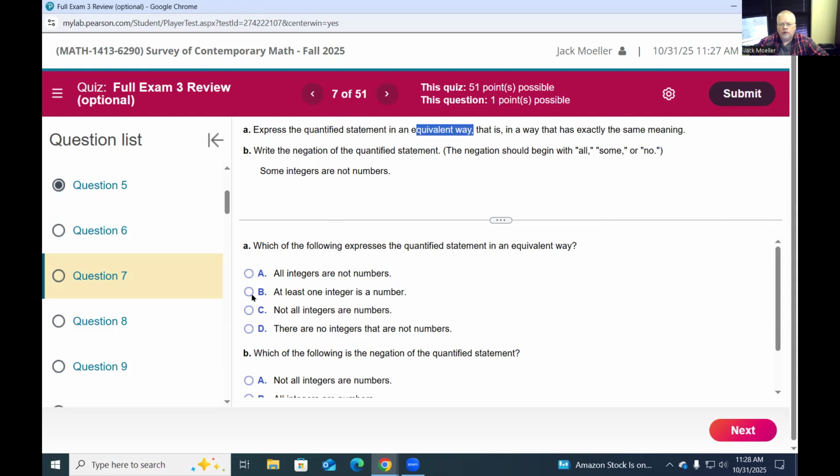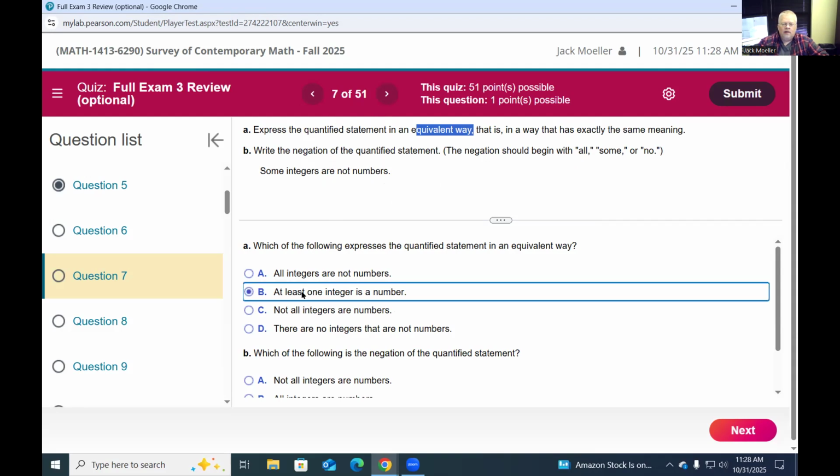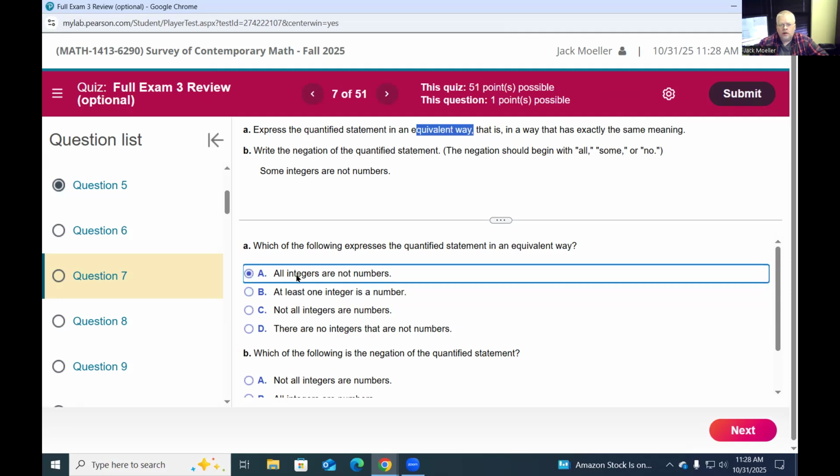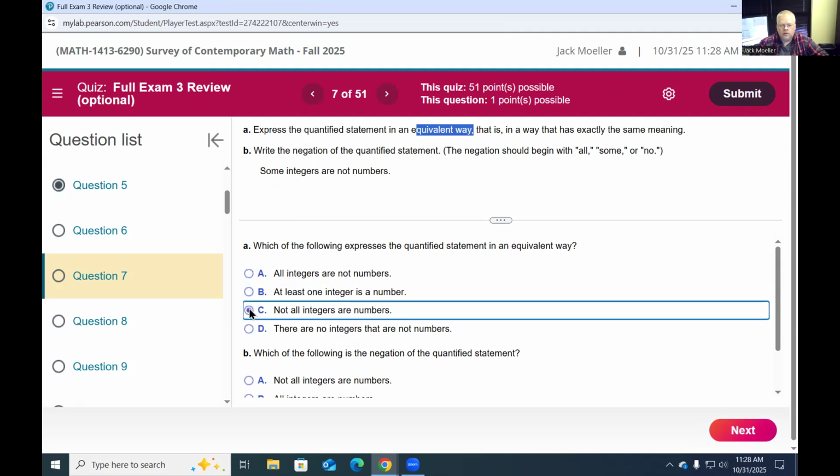I'm going to start with the ones that are integer statements. So, at least one integer is a number. Here you have to be careful, because that would sort of imply that if at least one is a number, then some are not, but that's implied, not explicitly stated. So B might work, but there's probably a better one. If we go to A, all integers are not numbers. Well, the original says some are not, and this says all are not, so that's not good.